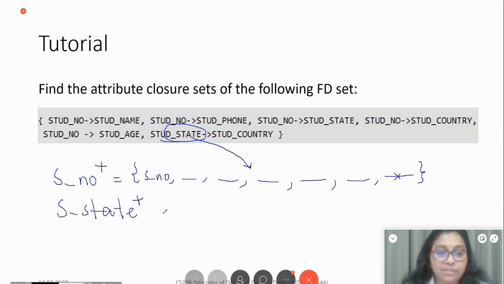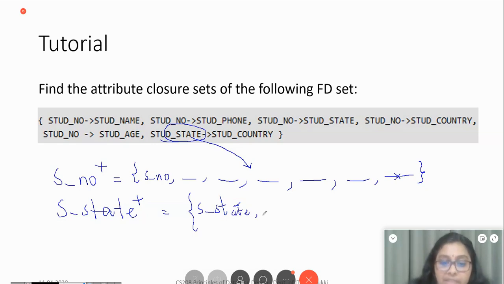Okay, similarly for student state, you will have student state as the first element, followed by student state determines student country.